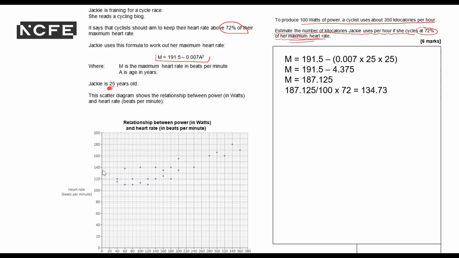Now I need to read across. Now what's going to help me is doing a line of best fit. So let me draw a line of best fit, which will be a line that goes roughly through all of the points.